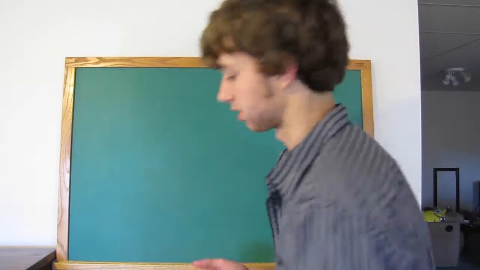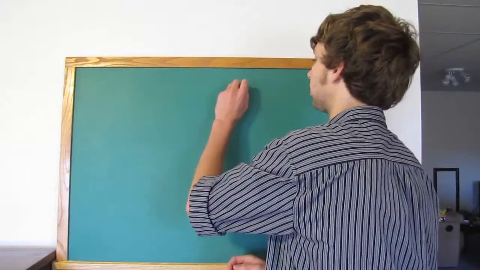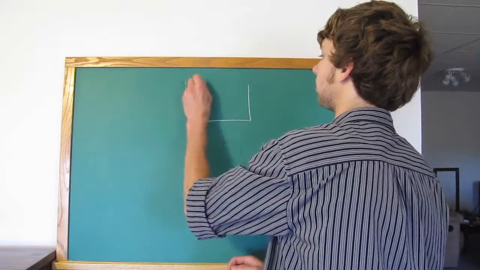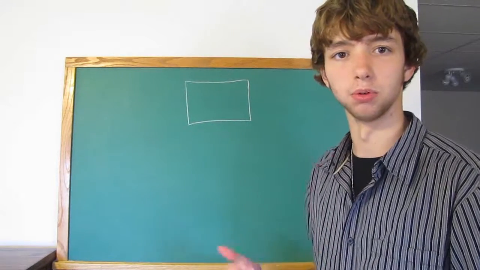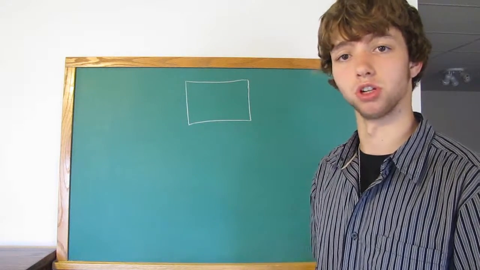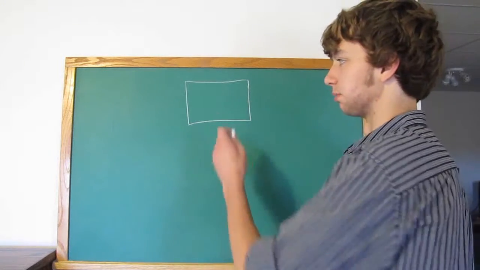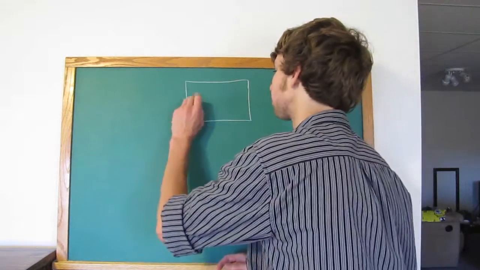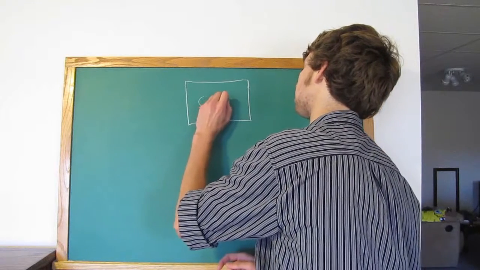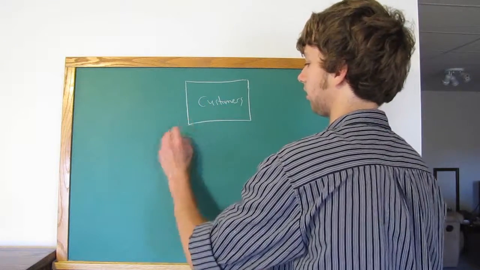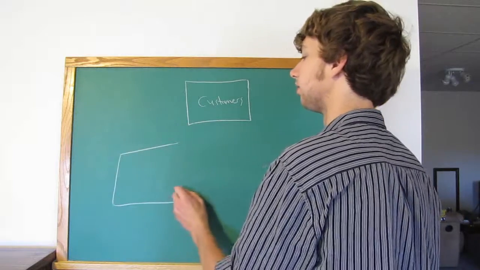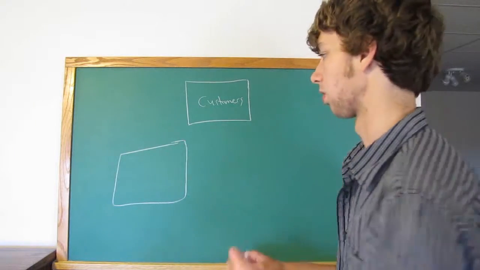Alright, so let's draw this out. Here we have a table. Now, let's say also we can leave comments on the website from certain customers. So here's the customers. And then we also have a table down here for the orders.